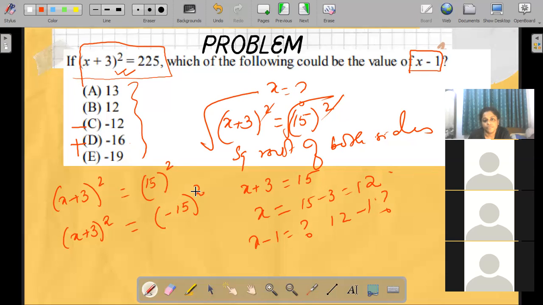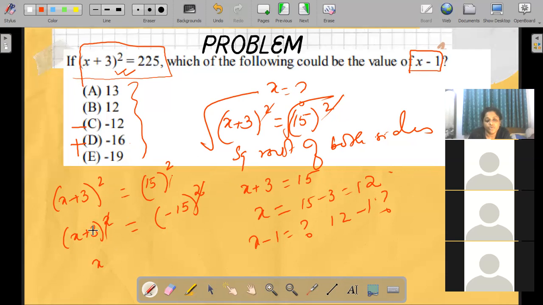Yes, ma'am. What about Aarti and Shraddha? Can I write this? Yes, ma'am. Because minus square becomes plus. That will also give me 225. So now let me see. Again, cancel out these squares. How am I cancelling out these squares? I'm not dividing it.